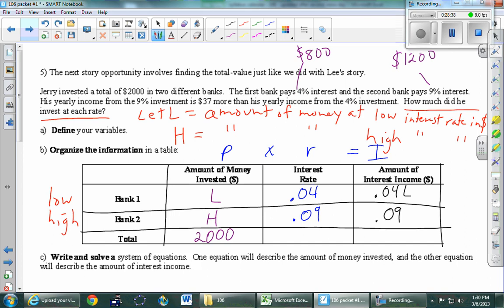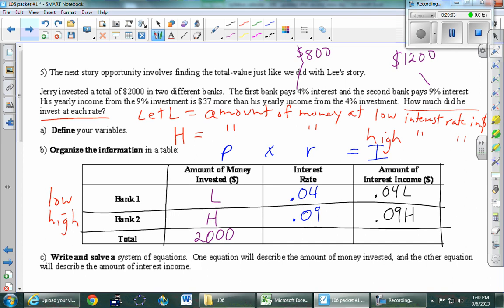Multiply in the next row. And then the total, I don't know. It doesn't tell you how much interest you earned, right? It just says there's this relationship. One of them is 37 more than the other. Sam? Yeah.